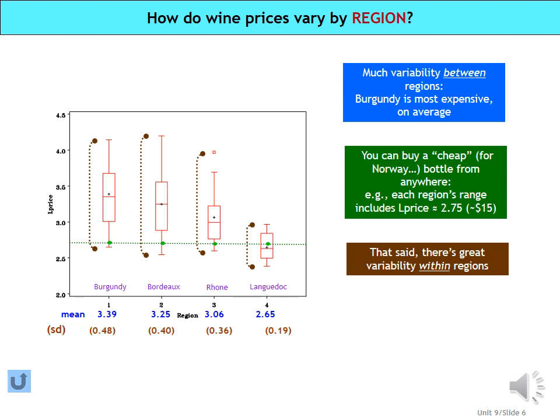So within variance is too much, across different categories. If the within variation was not that much, I wouldn't find cheap wines in, for example, Burgundy. Because the mean was higher, and if it's small like this, it was going to end up right in here and it wasn't going to be found.